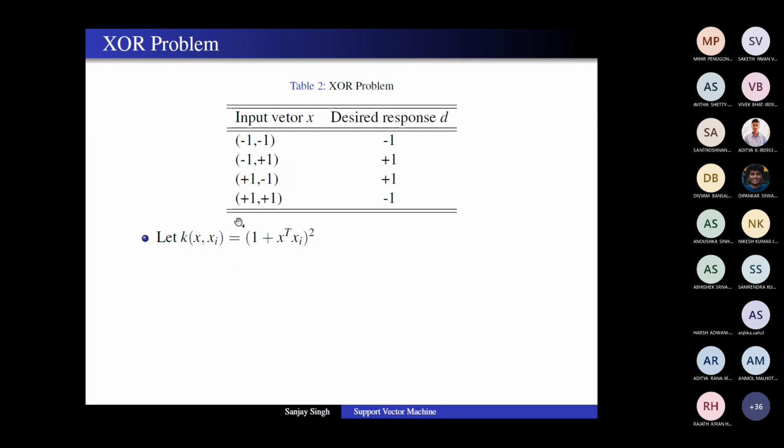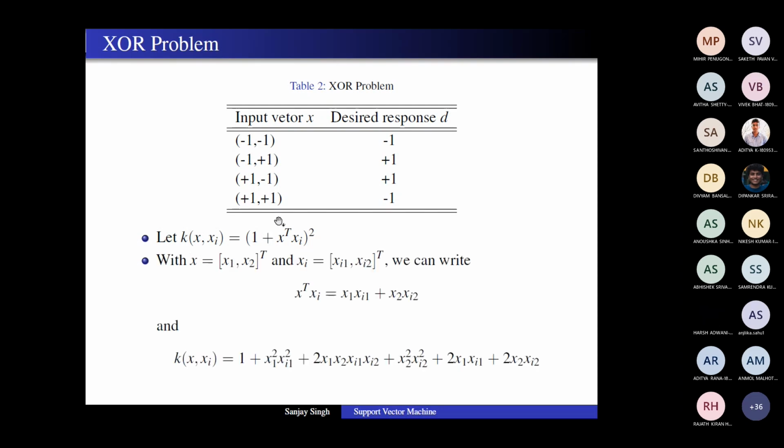We have this particular kernel, and for that we'll write x as a 2-element vector, because in the XOR problem the input vectors are 2-dimensional, so x1, x2, and here just to represent it, xi. So xi is the name of a vector: xi1, the first component of this xi, and the second component, xi2.